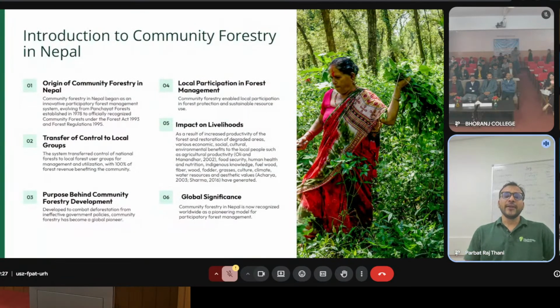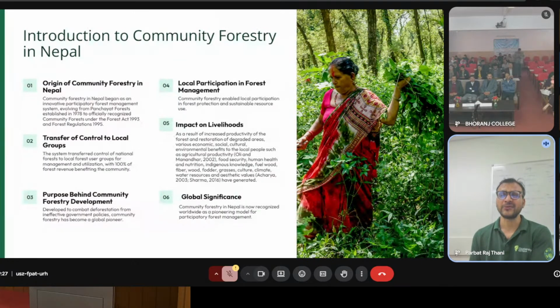As I already mentioned about community forest, it originated from the centralized forest system, and finally it converted into a decentralized system as community forest in Nepal. In the beginning, it was named Panchayat forest, and before that, there was lots of destruction when it was centralized, when it was under the control of government.